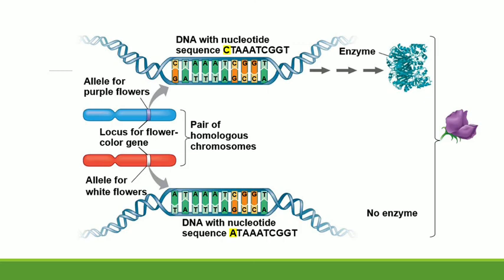So we would say that this is the P flower color gene, and these two different codes are two alleles for the flower color, or two variations for the flower color. So alleles are versions of the same gene.